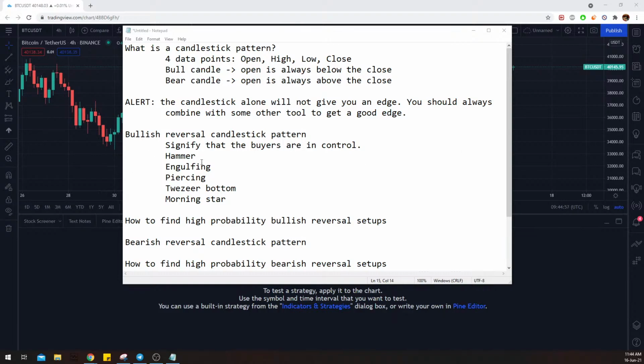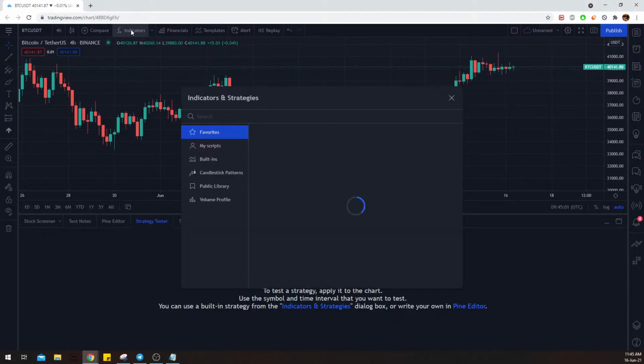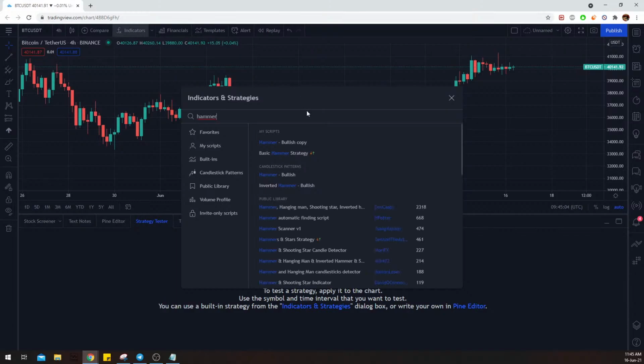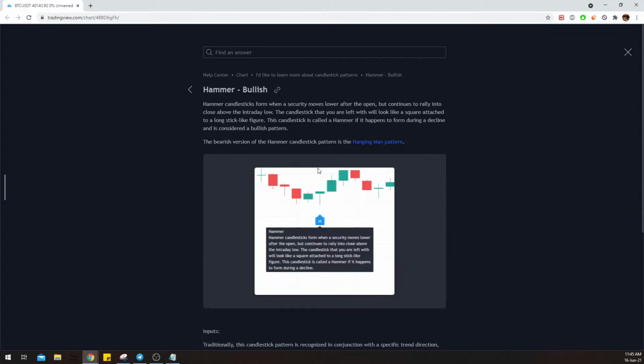So we have the hammer. If you go here in the indicators, for example, and write hammer, you can see that TradingView provides you this candlestick pattern. And if we go in the option for the hammer, from the description, we can see that in general, the hammer candlestick forms when a security moves lower after the open.